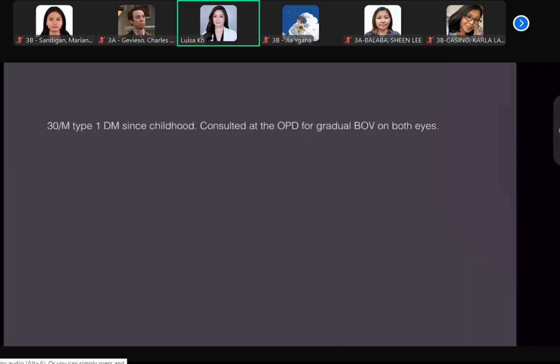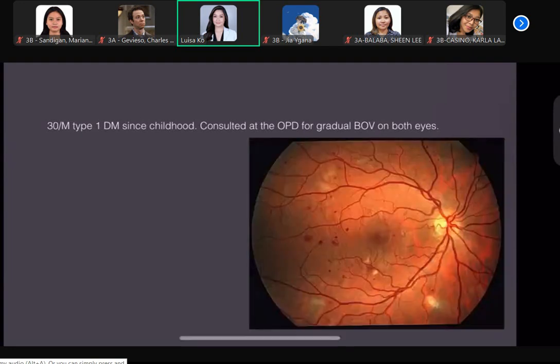Next case is a 30-year-old type 1 diabetic, diagnosed since childhood, who consulted at the OPD for gradual blurring of vision on both eyes. This is a picture of the right eye. Let's describe what we see.